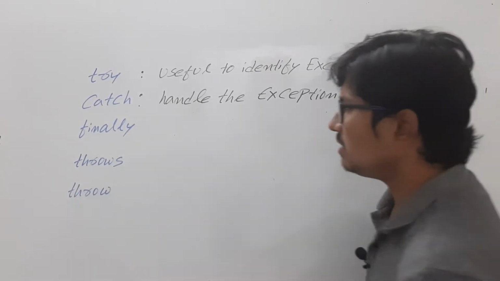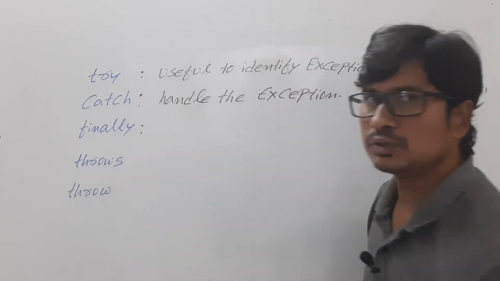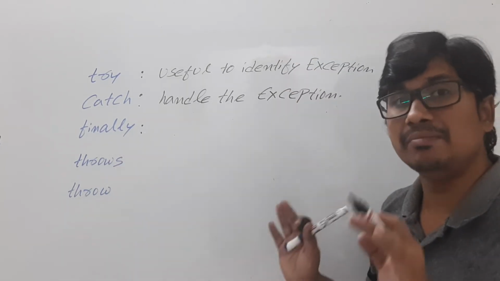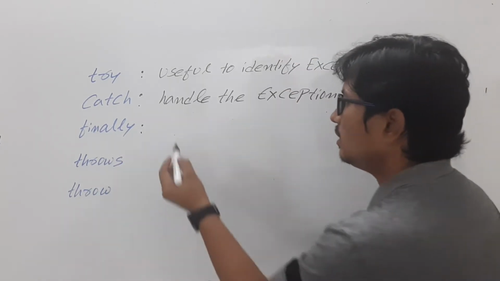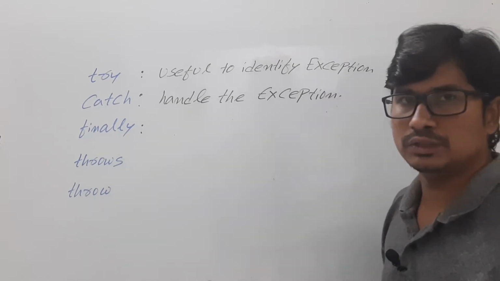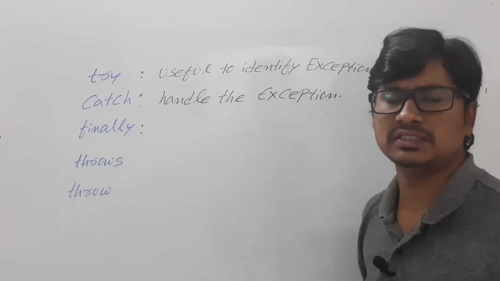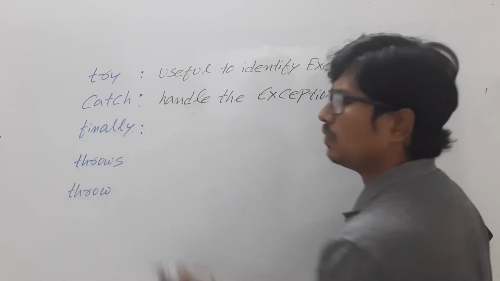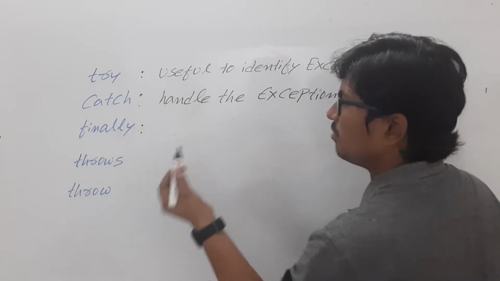Then finally will be useful for you to execute certain statements compulsorily or mandatorily. Whatever kind of exception has been raised, if you want to execute some statements, you will provide them in the finally block.